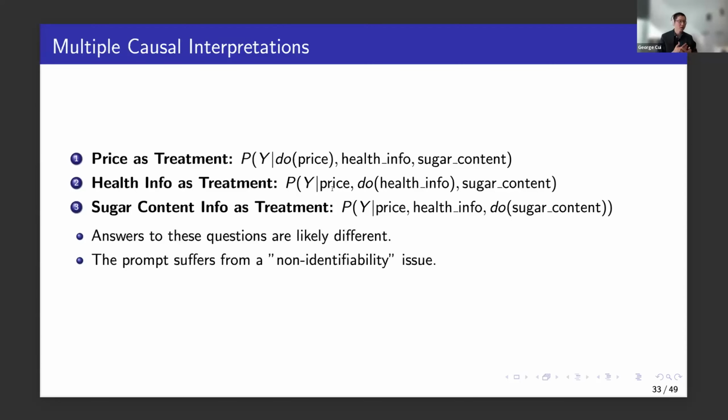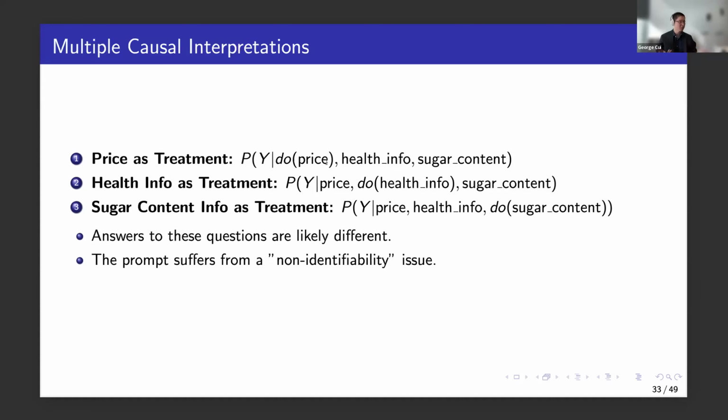There are multiple causal interpretations, and the answers to these questions are likely to be different, because customers who happen to see healthy articles are different from customers who are randomly assigned healthy articles, and customers who happen to experience a certain price are different from customers who are randomly assigned the price.